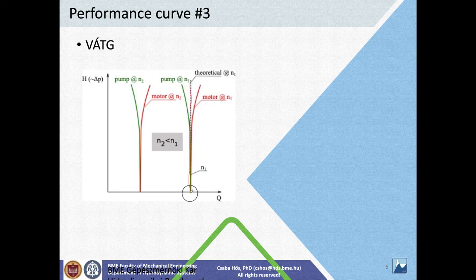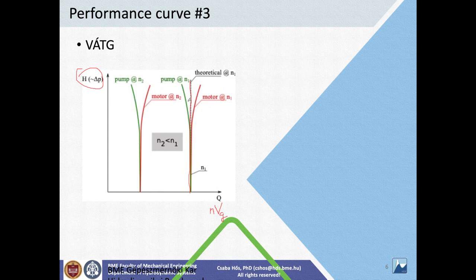Why? Because the flow rate is simply revolution number times geometric displacement. The pressure does not appear. So whatever the pressure is, this is the flow rate, and for a lower revolution number, N2, you have a lower flow rate, okay?